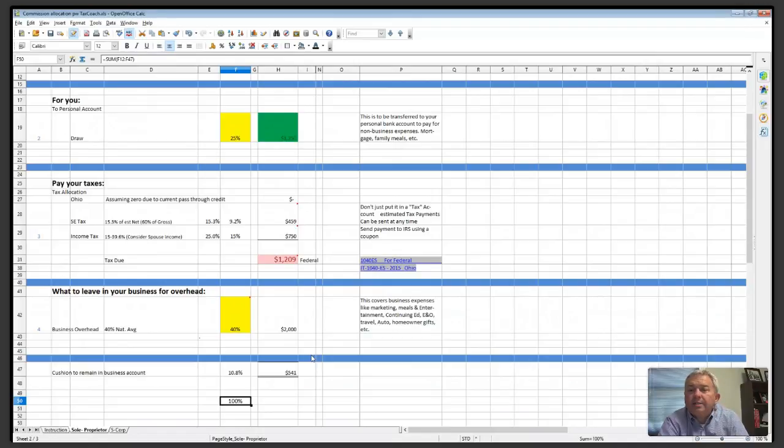But it will be based on last year's operations, not current year operations. If you are within 90% of your current year tax, you're doing good as far as the IRS is concerned. If your adjusted gross income is over $100,000, you actually have to use 110% of last year's tax liability to determine what your estimates should be for this year.